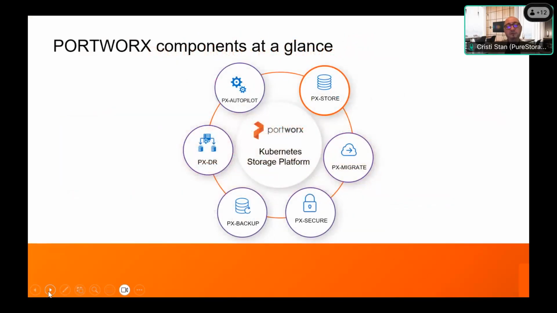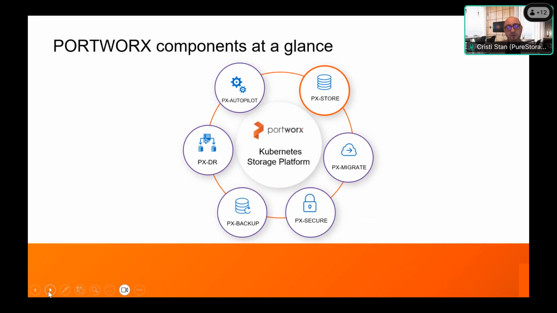Now, if you are looking at the components themselves, we are talking about a couple of components which are part of the Portworx suite. I will start with PX-Store. PX-Store is the abstraction layer which we are deploying on Kubernetes. By the way, Portworx is deployed as a Kubernetes application, a containerized application. So we are deploying our components on worker nodes in a dedicated namespace for Portworx.